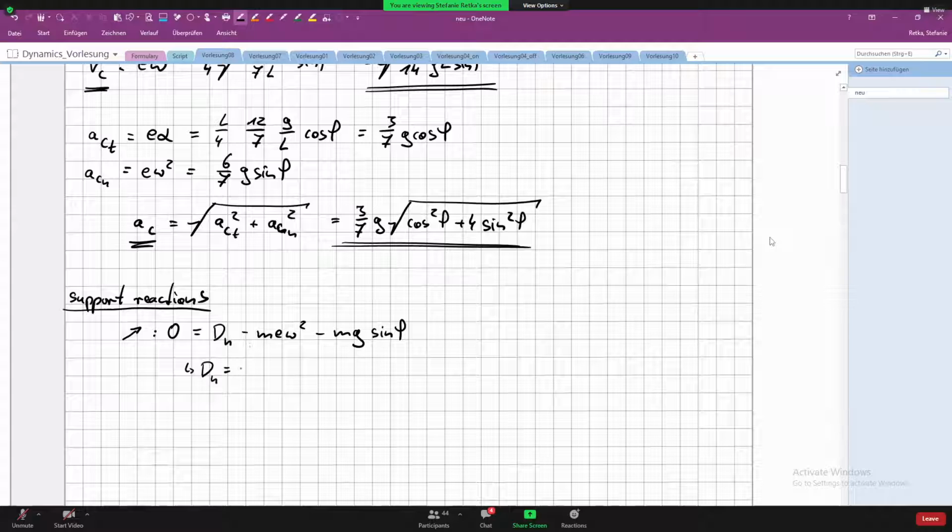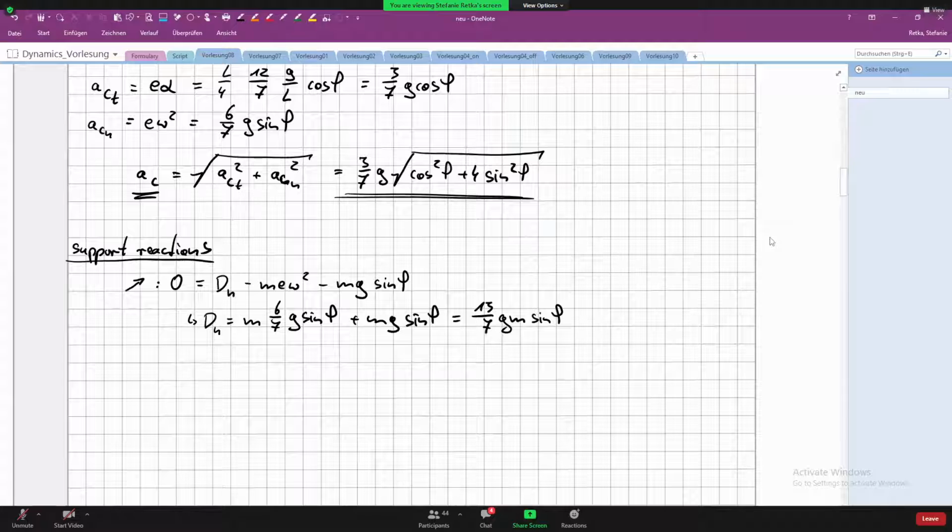Then this gives M times 6 over 7 G sine phi plus mg sine phi, which is equal to 13 over 7 G M sine phi. That's the normal component of the support reaction.